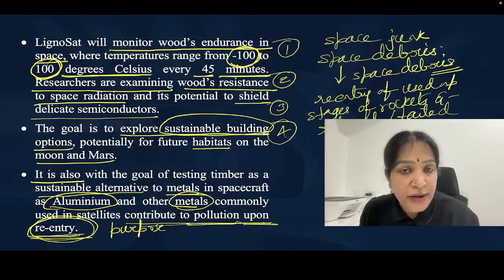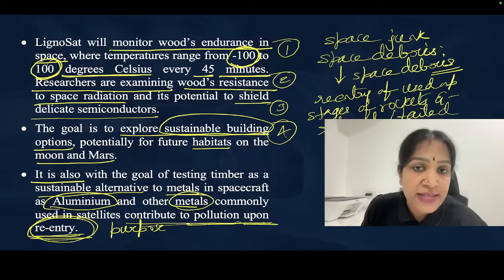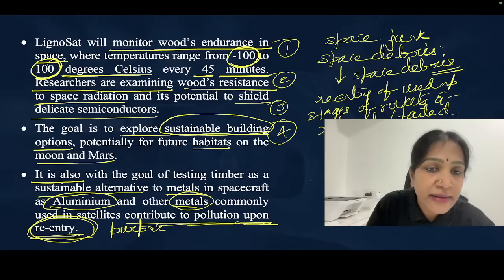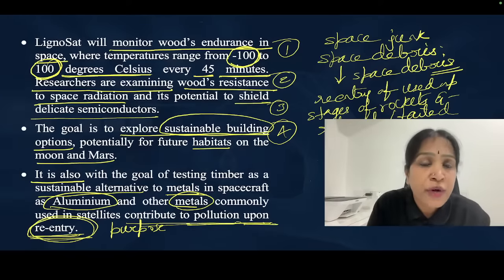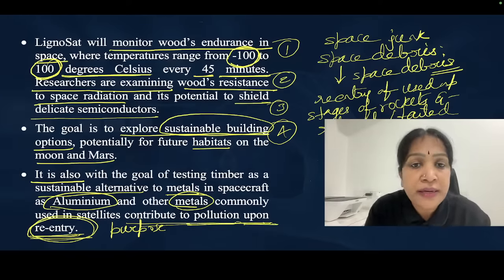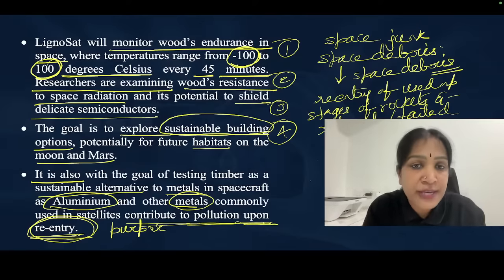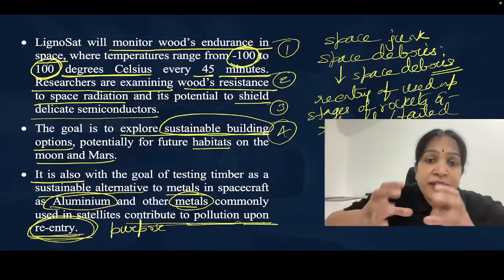But if we use wooden satellites, they will not cause pollution, or cause very little pollution comparatively when they are re-entering the Earth's atmosphere. It will simply get burnt once it enters the Earth's atmosphere due to the friction. The Earth's atmosphere is thick.